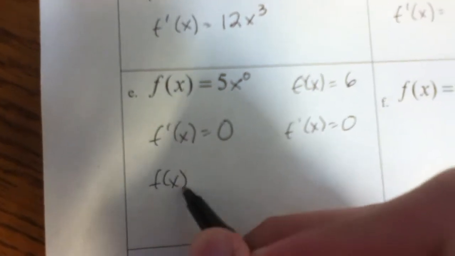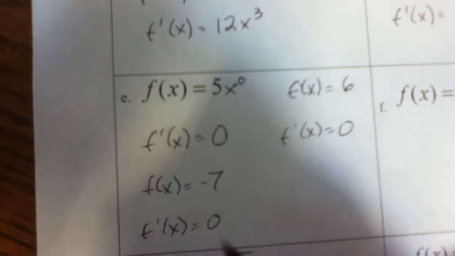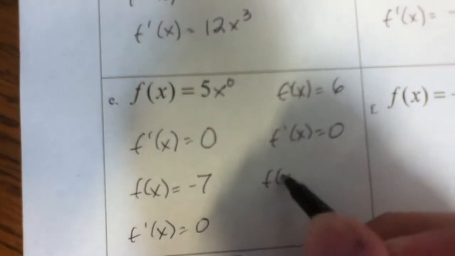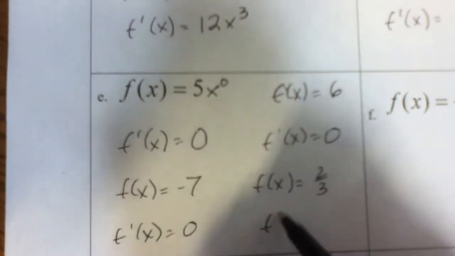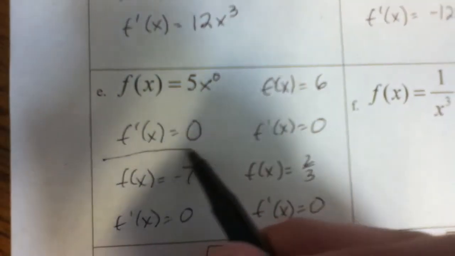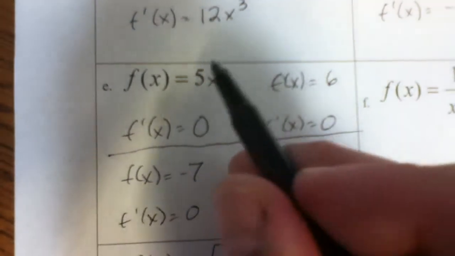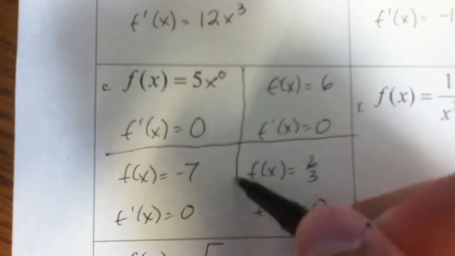Derivative of negative 7 would be 0. The derivative of any number, fraction, decimal, as long as it's just a number, would be 0. And the explanation is, you could put that x to the 0 here, 0 goes to the front, anything times 0 would be 0.